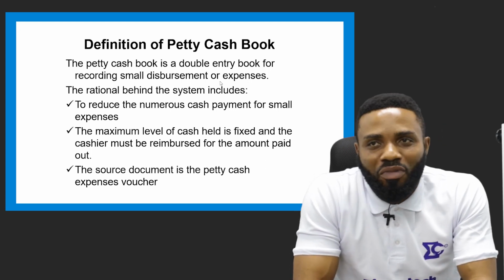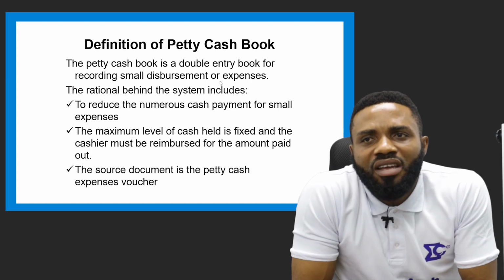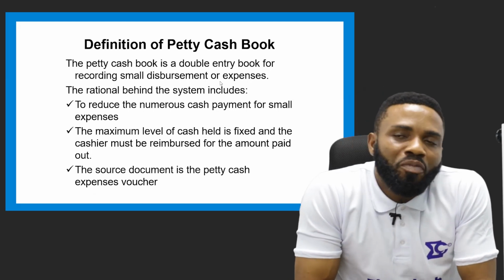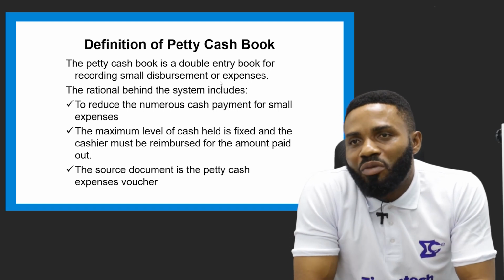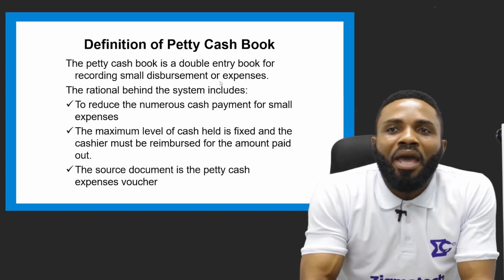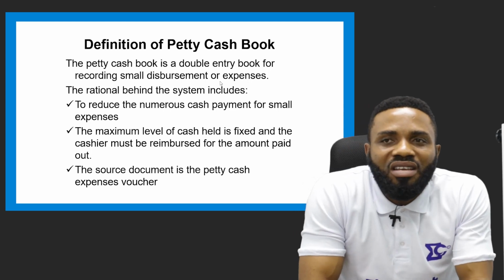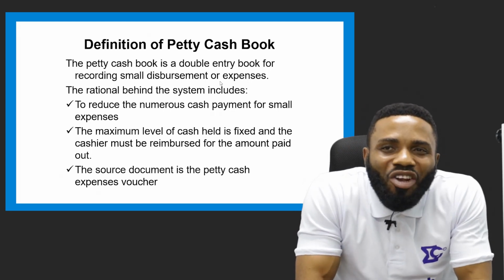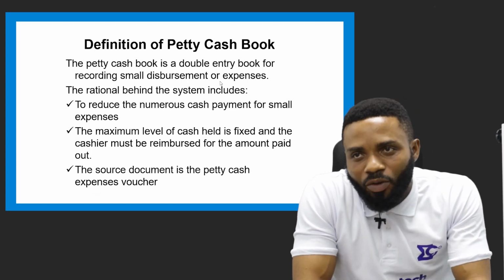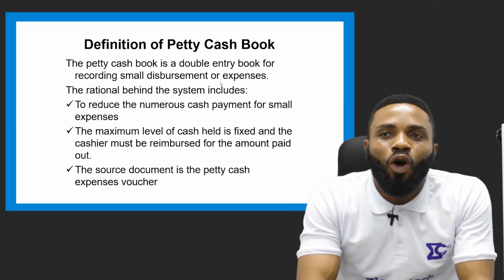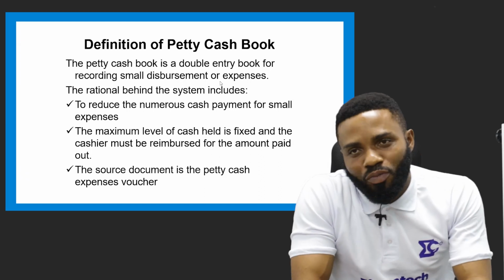What is disbursement? Disbursement is simply spending, or simply the release of cash. Disbursement can also be seen as payments. So when money is released for minor expenses, there is a book that is used to account for that, and that book is what we call the petty cash book.